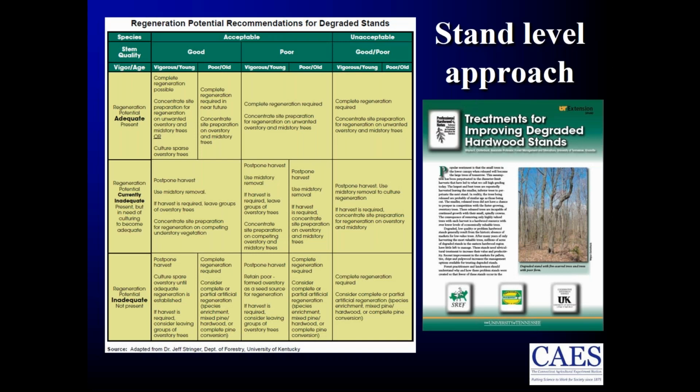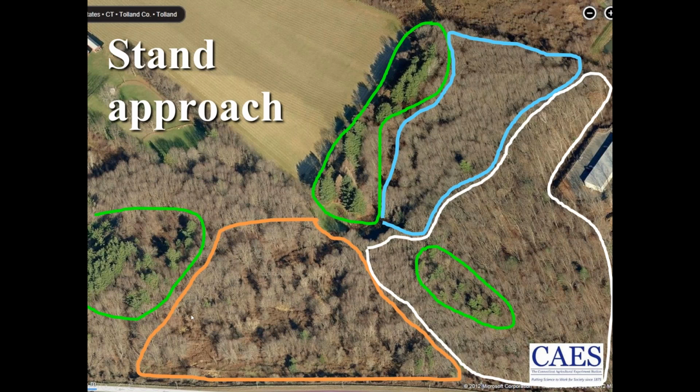There are a number of guidelines and handbooks on how to deal with it, but they talk about doing everything at the stand level. There are some pretty complicated rules, but it's the idea of treating that entire stand within the orange as if it's all identical.